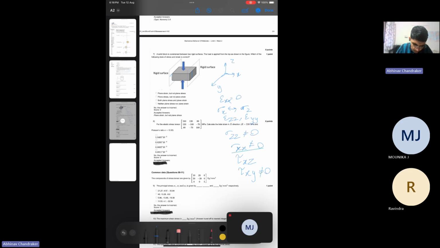There will be some value. And because of that, you'll also have tau yx. Since you have shear stress on the y plane, this will not be a plane stress condition since you have shear stresses on x, y, z, all three planes. And that's why we can say that it will be plane strain, but not plane stress.